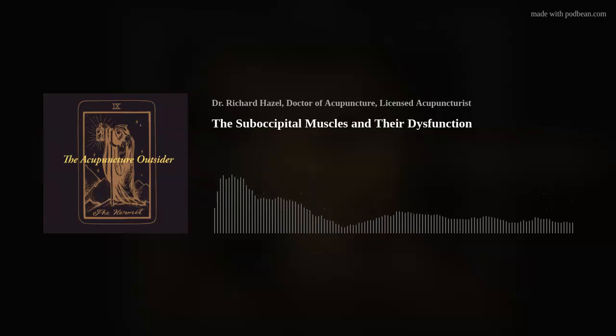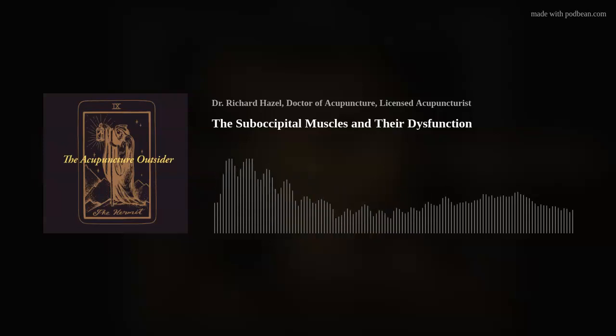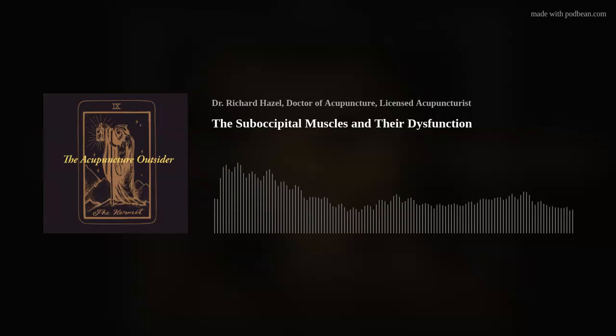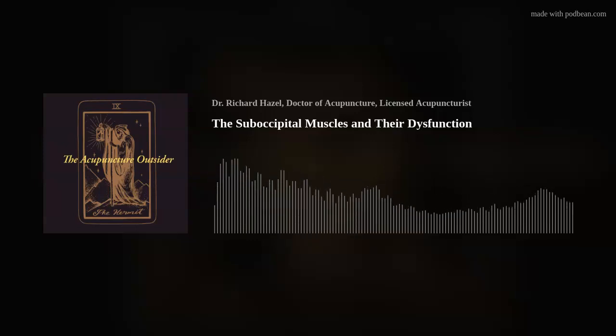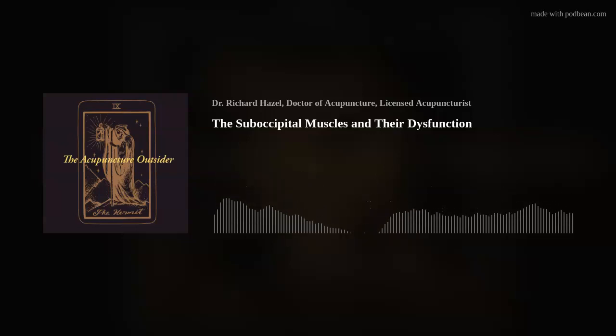You can probably hear that I'm doing this while I'm talking about it. Right below the base of the skull, you will feel the spinous process of C2. That's the axis. We cannot actually palpate the atlas, C1. So the topmost reachable spinous process is C2, the axis.